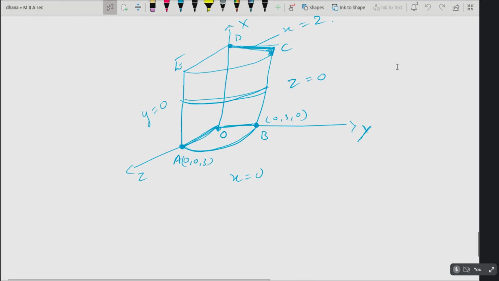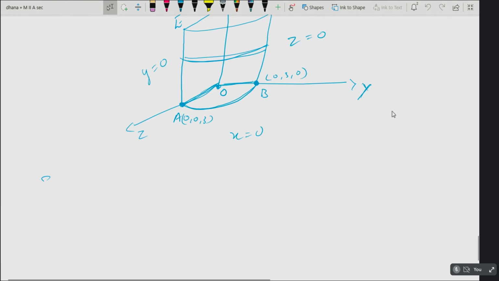So S is the surface bounded by y square plus z square is equal to 9, y is 0, z is 0, x is equal to 0, x is equal to 2.